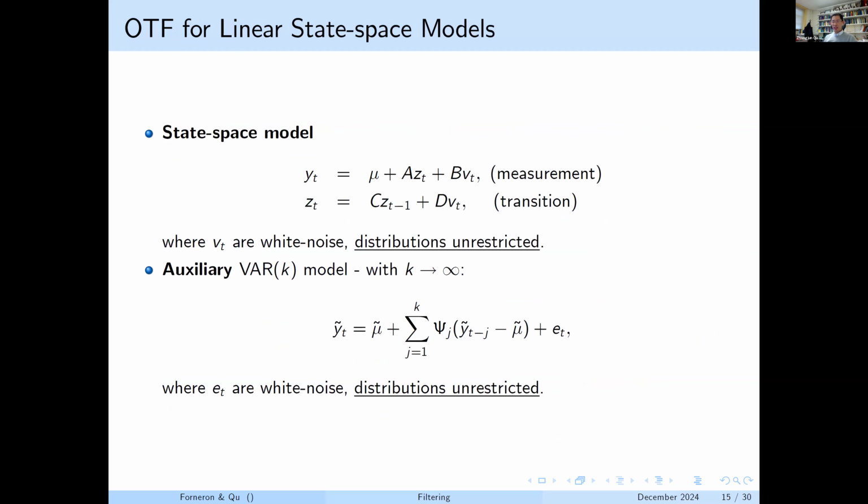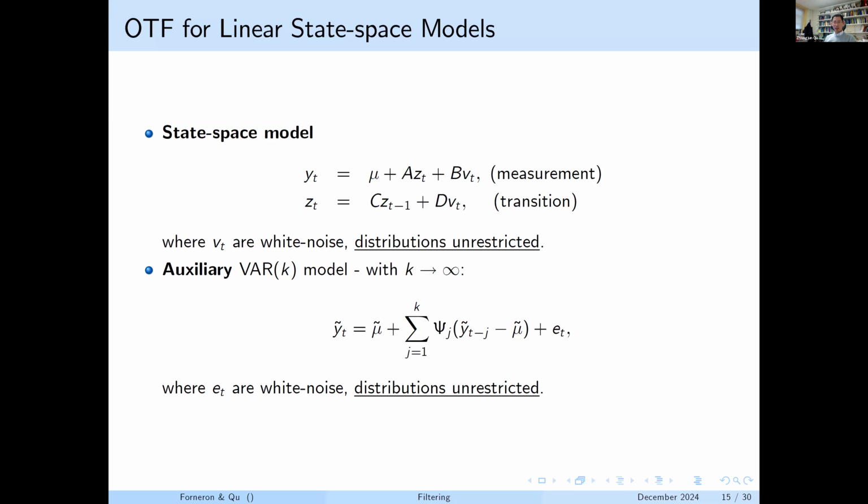Okay, so now I want to be more specific about the linear models that our framework can analyze. In this case, the state space model is going to look like the system on this slide. We have two blocks of equations. The first block corresponds to a measurement equation.